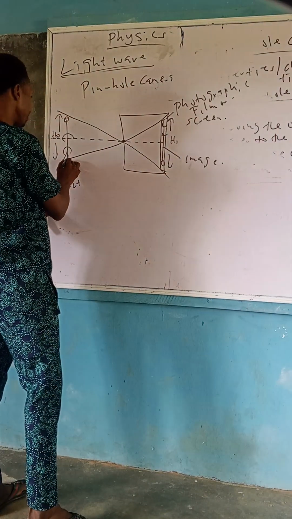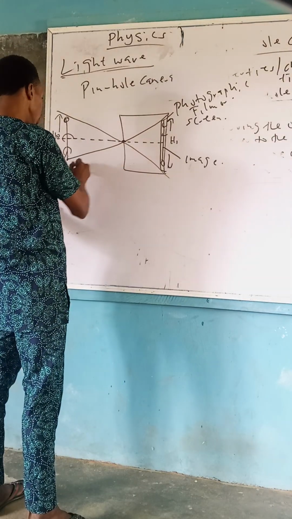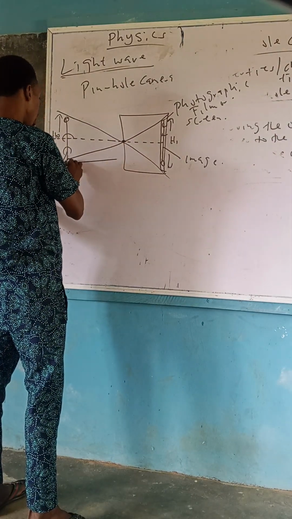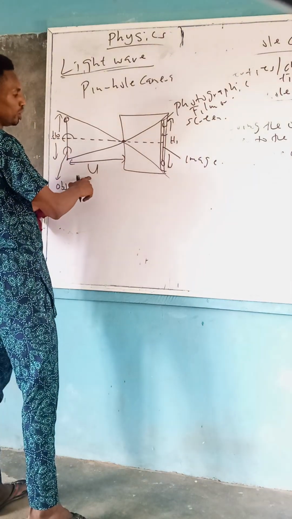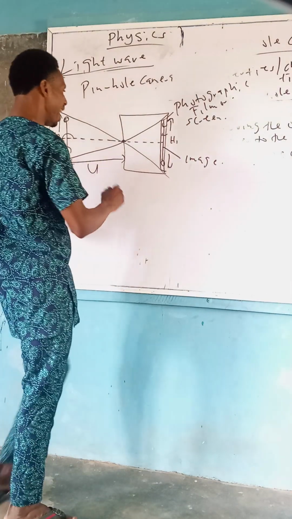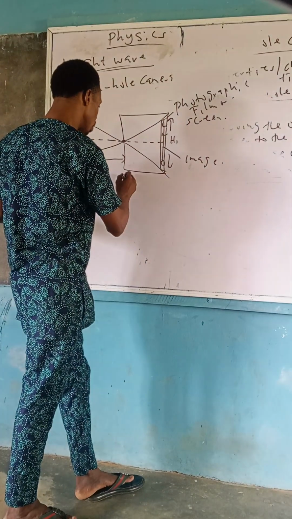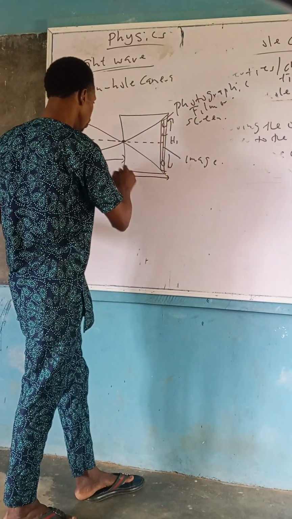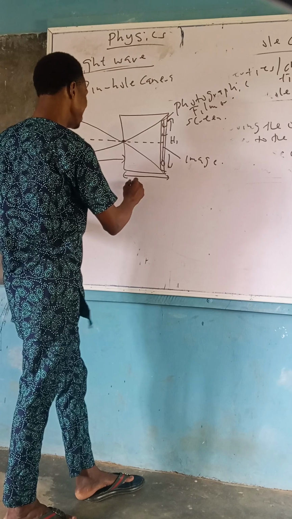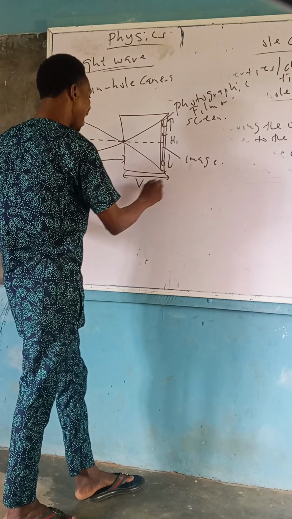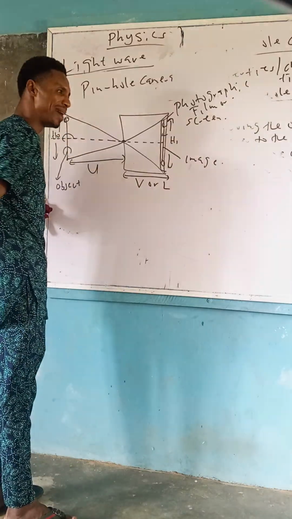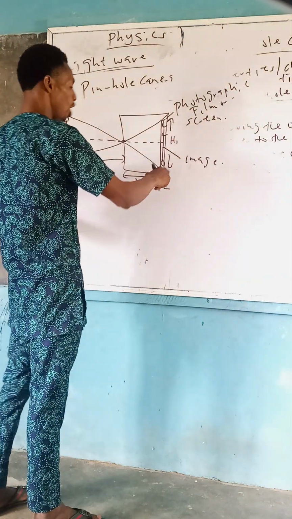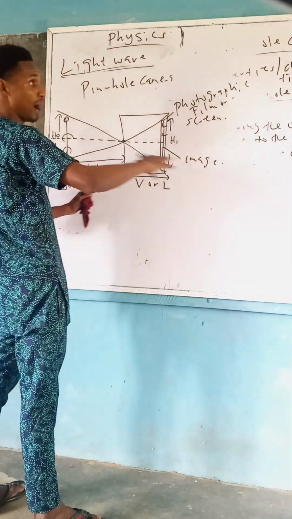From where the object is standing to this pinhole is called the object distance. I will denote it by U. Whenever I say U, it is the object distance. From where the image is formed to this pinhole, I will call it the image distance, V, or L, where L is the length of the camera, or the length of the rectangular box.